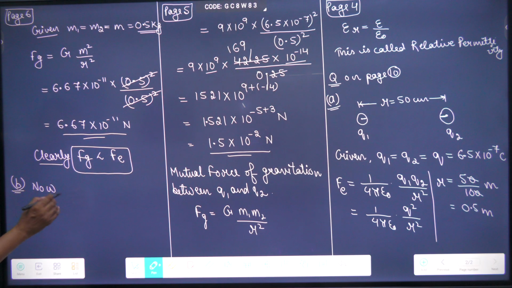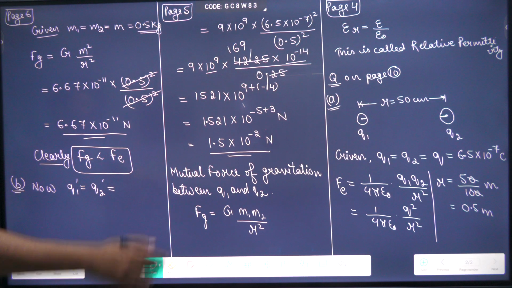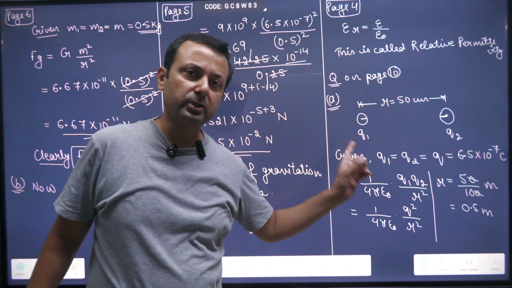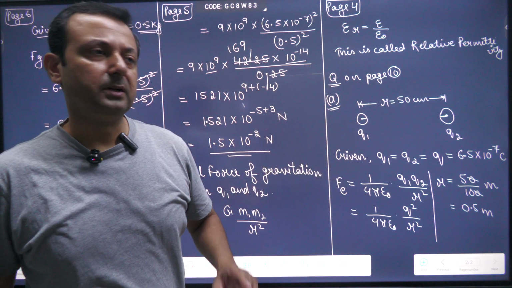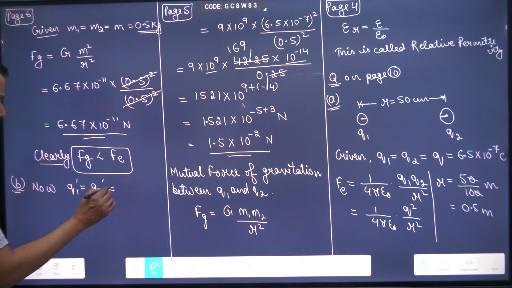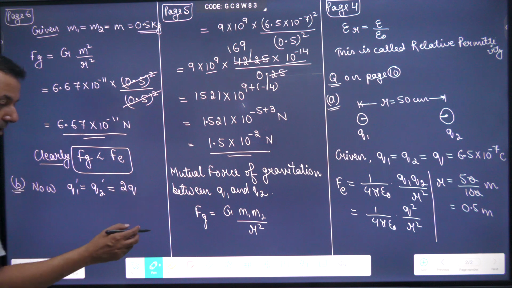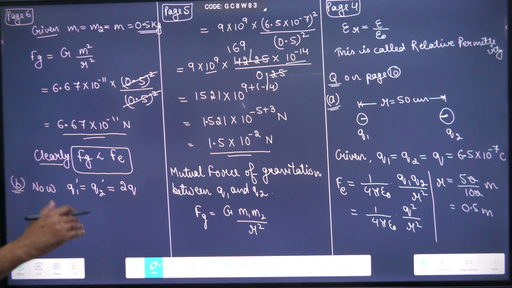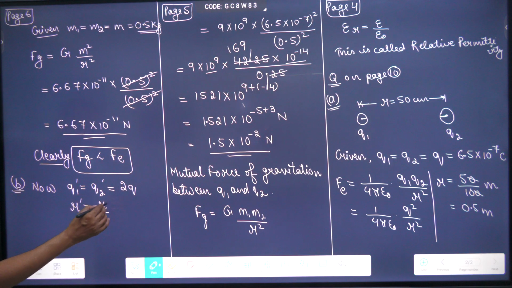Now Q1 dash is equal to Q2 dash is equal to double the given amount. The given amount was Q, now it is getting doubled. So doubled means 2Q. And they are saying that the distance between them is halved. So R dash is equal to R by 2.